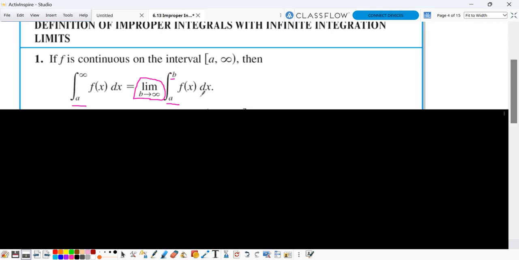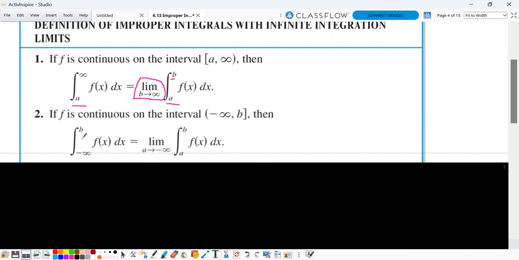Why can't we write infinity and evaluate the integral? All those calculus rules and the fundamental theorem of calculus are only valid for real numbers. Infinity is not a real number. So we have to place a variable for infinity, do all the calculus, and at the end, bring the limit statement back to see if it converges or diverges.